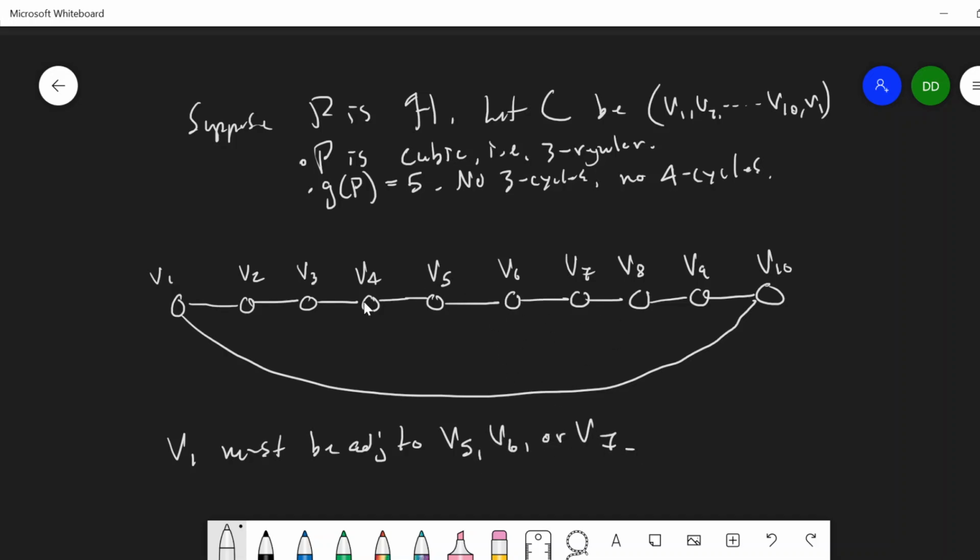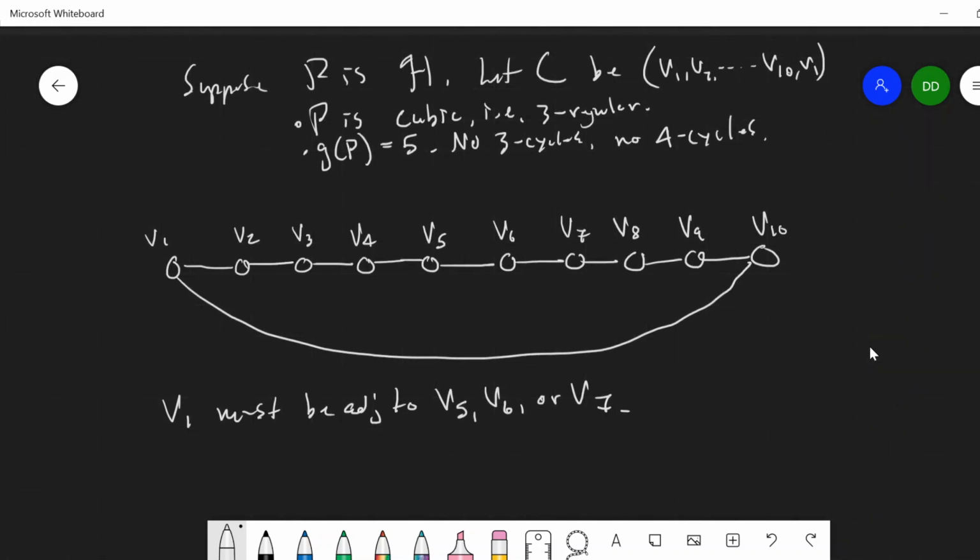Now, by symmetry, V5 is 1, 2, 3, 4 away from V1 in the cycle. V7 is also 4 away from V1 in the cycle, 1, 2, 3, 4. So V5 and V7 are essentially the same. We could swap V1 and V10, I guess we could swap the order of the cycle. So we don't need to consider those two cases separately.